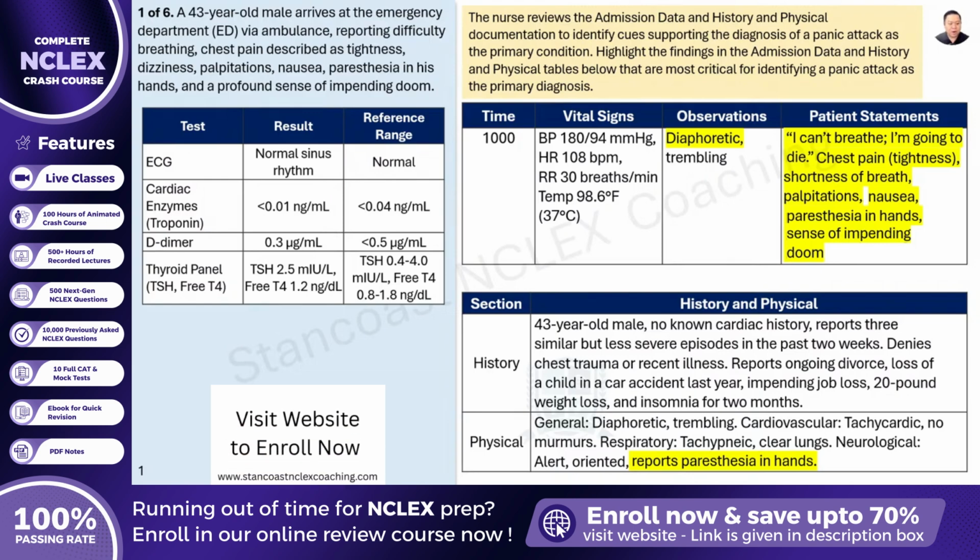We have more. There's another diaphoretic right there at the bottom. And respirations of 30 breaths per minute, we call that tachypnea, is an objective manifestation, and also a vital sign that you should not ignore.